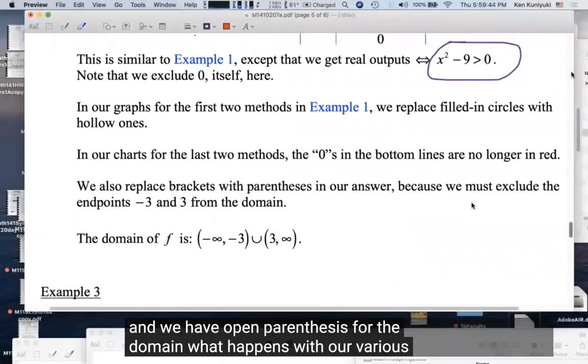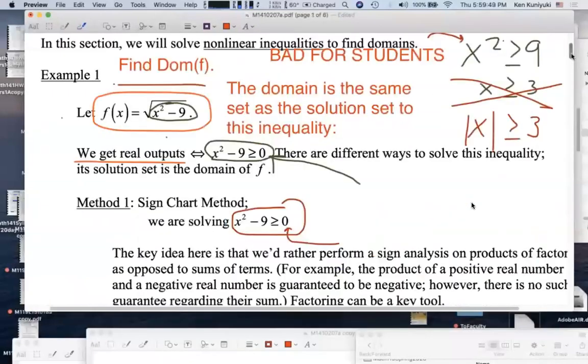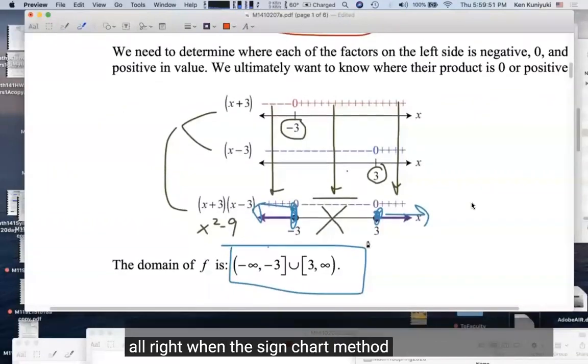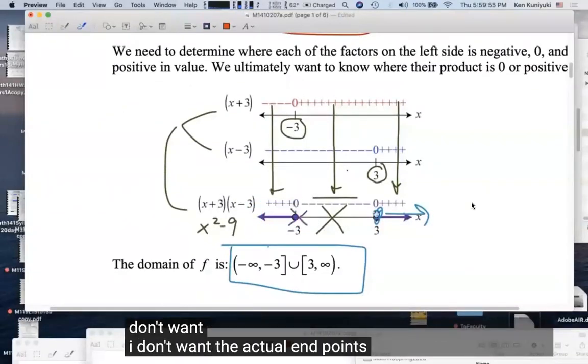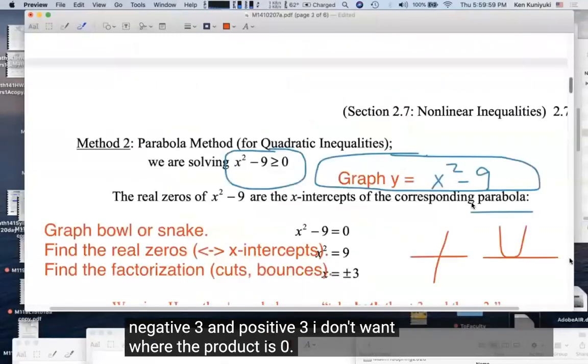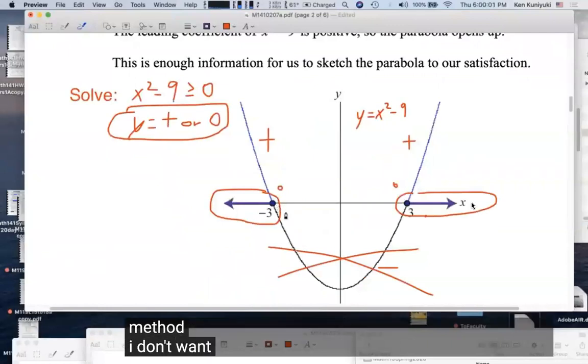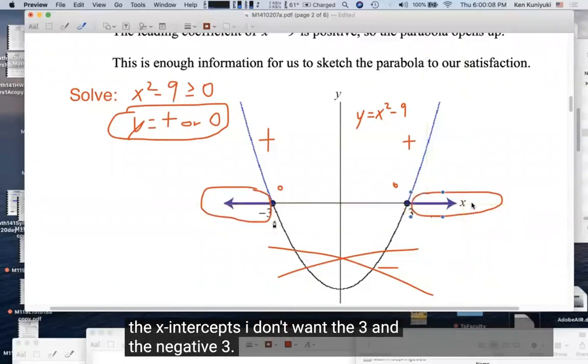What happens with our various methods? All right. Well, in the sidechart method, I don't want the actual endpoints at -3 and +3. I don't want where the product is 0. In the parabola method, I don't want the x-intercepts. I don't want the 3 and the -3.